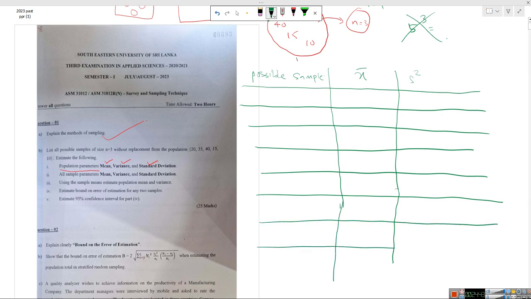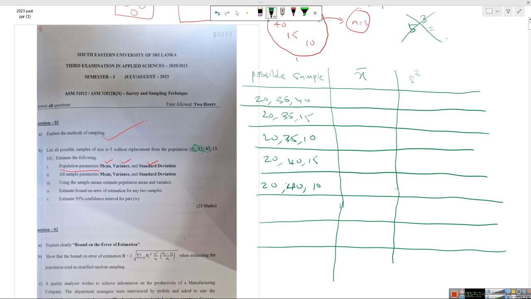Okay, the first one is 20, 35, 40. Then again 20, 35, 15. And again 20, 35, 10. Again I am skipping this 35 and writing 20, 40, 15. Then 20, 40, 10.